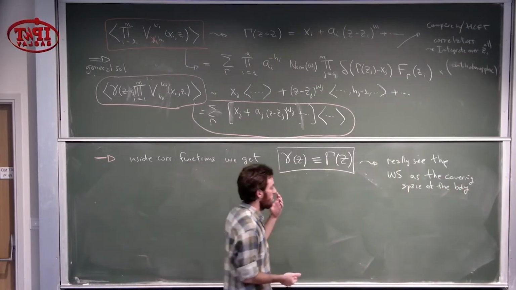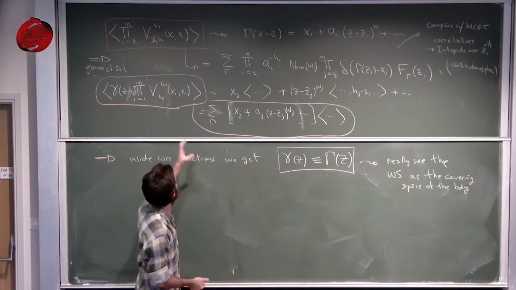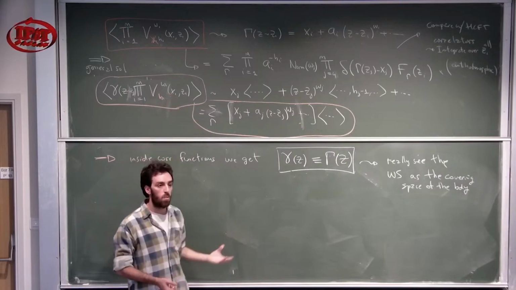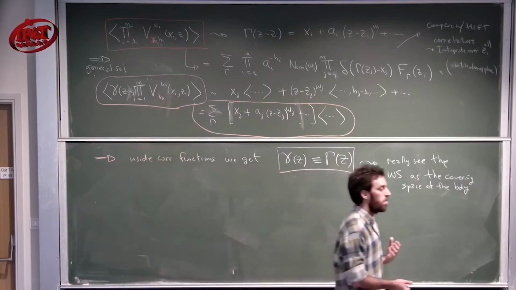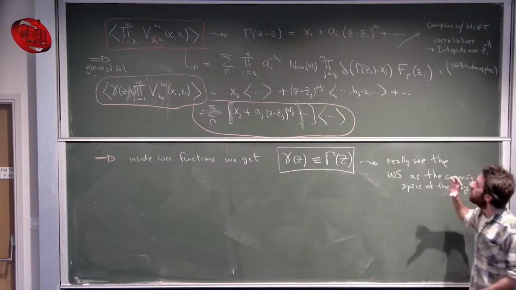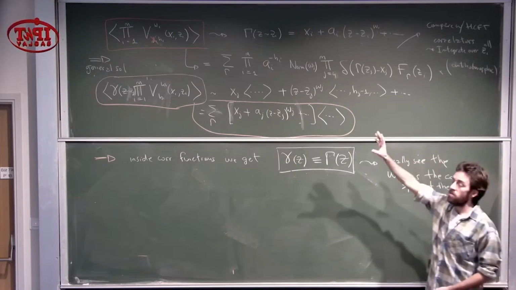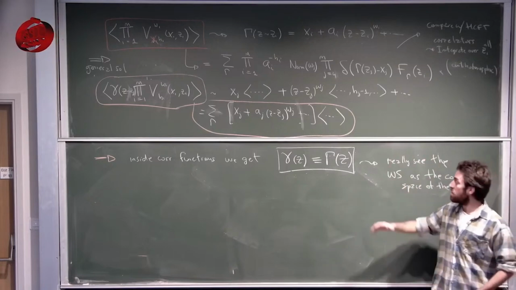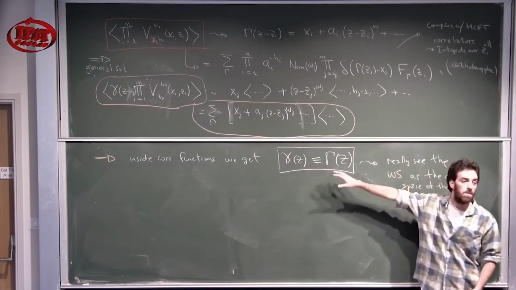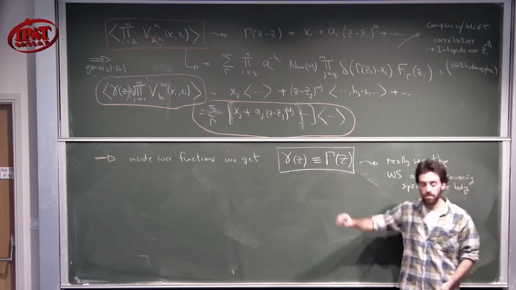For each correlator that I choose, for each set of omegas, x's, and i's, I may or may not have some covering map. And if I do, the correlator is non-zero, and in that case the expectation value of this gamma inside that correlator is exactly the holomorphic covering map.